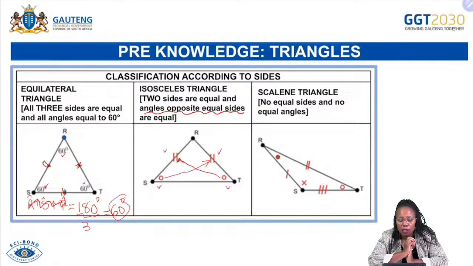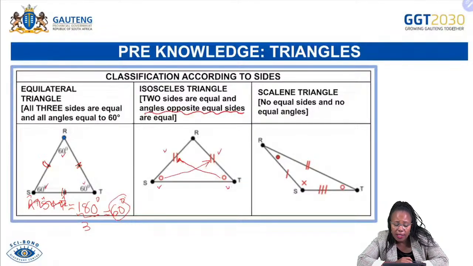If they tell you that a triangle is isosceles, you can indicate that the 2 sides are equal, and it must also have the base angles, or angles opposite equal sides, being equal.